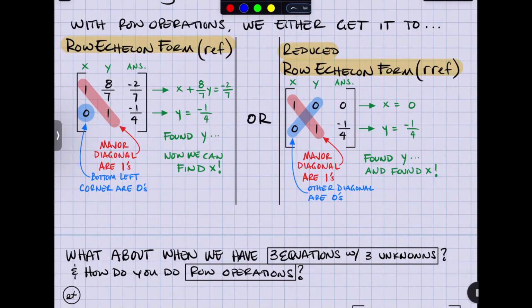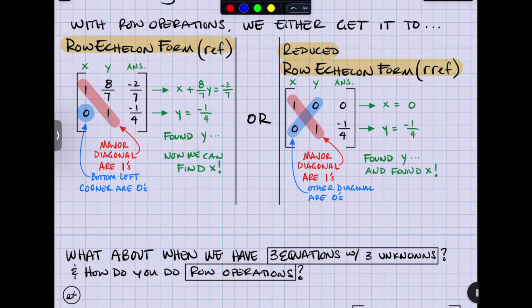Reduced row echelon form is nice because the 1 is underneath the x. This says x plus 0y equals 0. That means my x is equal to 0. This says 0x plus 1y equals negative 1/4. So that means my y value is equal to negative 1/4. So with reduced row echelon form, everything's complete. My work is done.